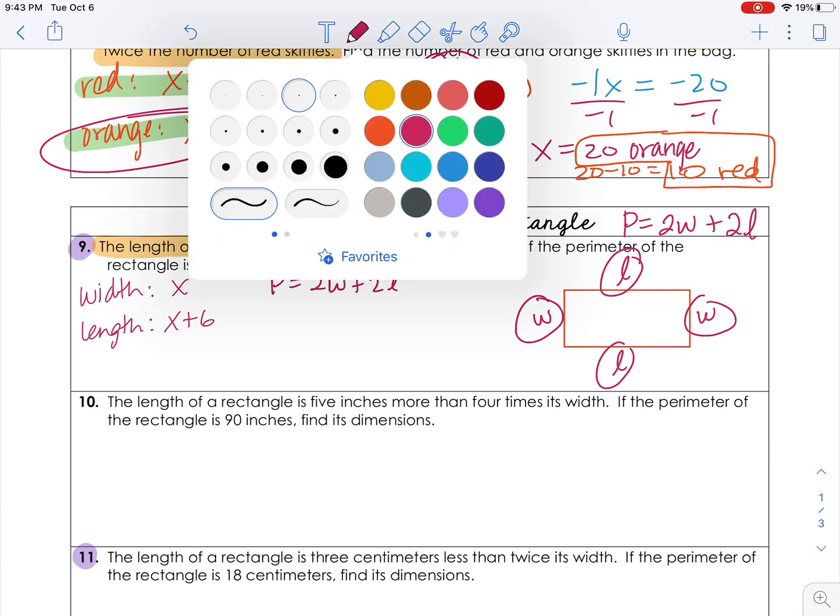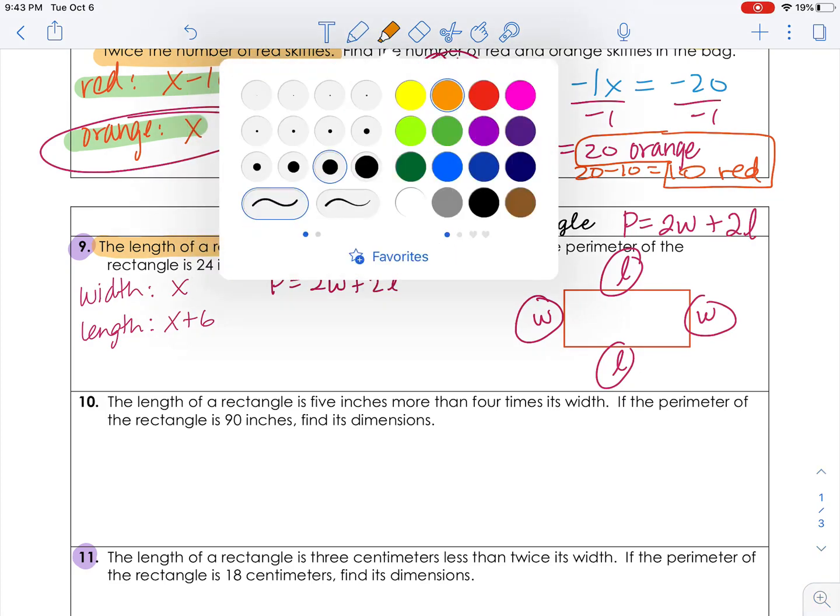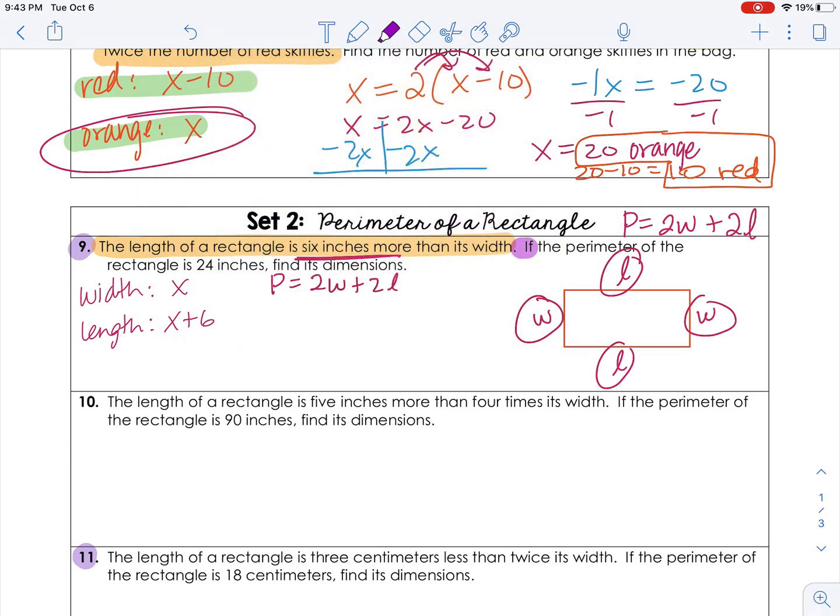So we're going to fill in this formula using the second sentence and what we have written over here on the left, everything that we wrote with the first sentence. It tells me in the problem the perimeter is 24, so 24 needs to go in for P. 24 equals, okay, 2 is going to stay 2.